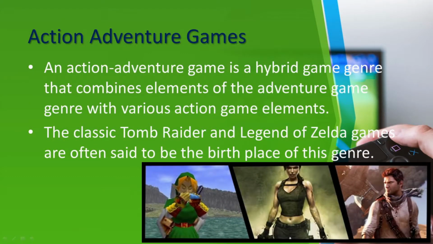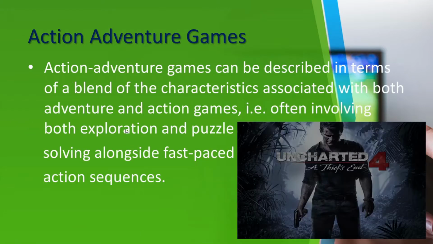The next genre that we have is your action-adventure game. This genre is basically a combination of your action and adventure game. An action-adventure game is a hybrid game genre that combines the elements of the adventure game genre with various action game elements. The classic Tomb Raider and the Legend of Zelda games are often said to be the birthplace of this genre. Action-adventure games can be described in terms of a blend of characteristics associated with both adventure and action.